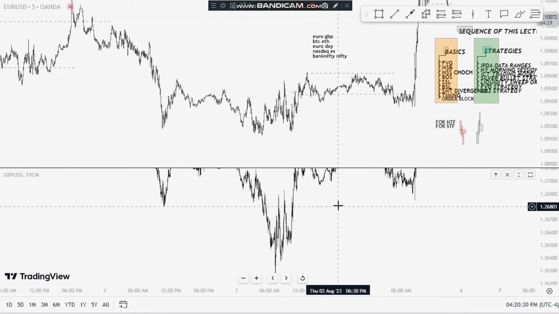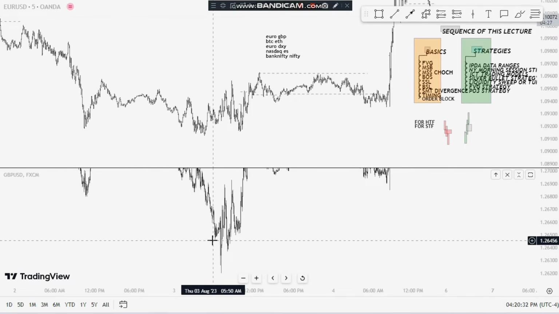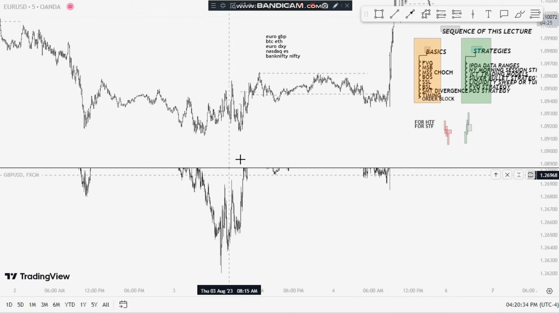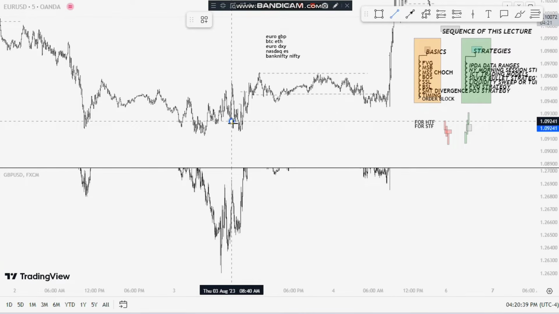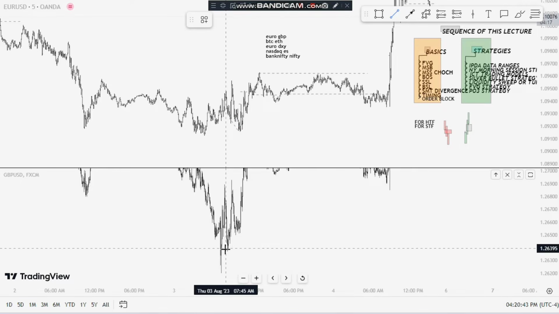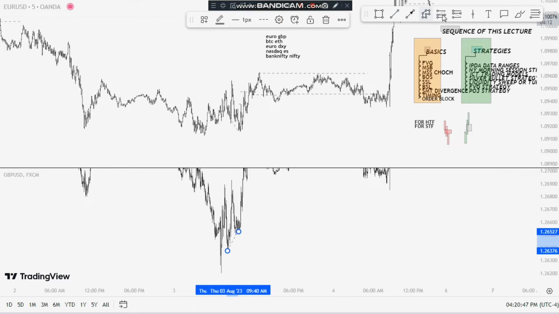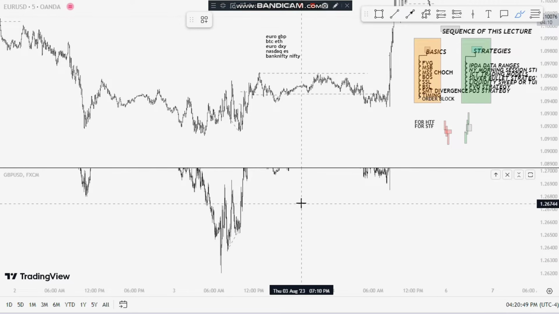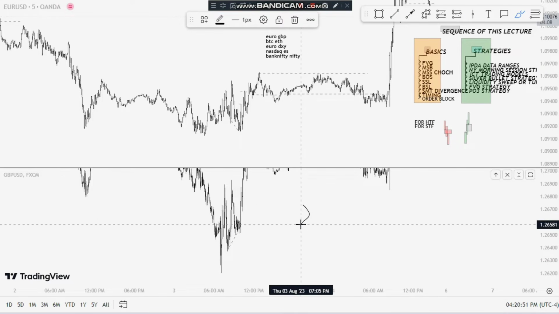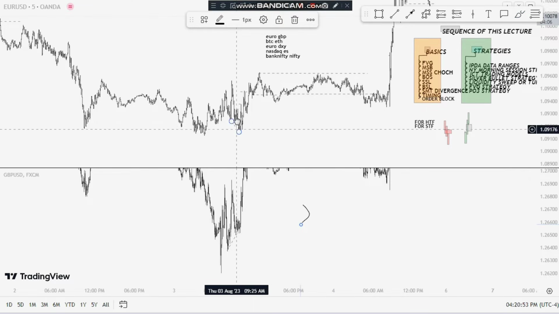Let me show you an example of these divergences. Okay, so here you can see that Euro made a low here, and you can see that the GBP didn't. So we get a divergence like this, a structure like this forms, and this divergence is bullish, okay.